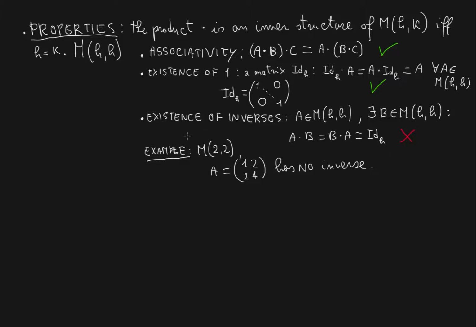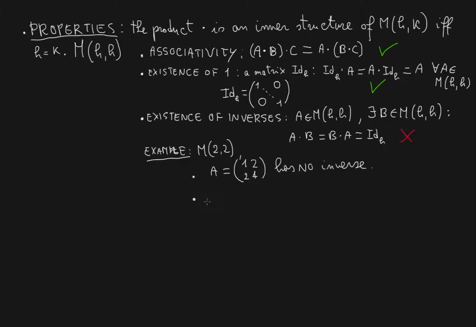saying that this product structure does not give a group structure to MHH does not mean that there are no matrices with inverses. Okay, so the lack of inverses for all matrices does not mean that no matrix will have an inverse. For example, this has no inverse.